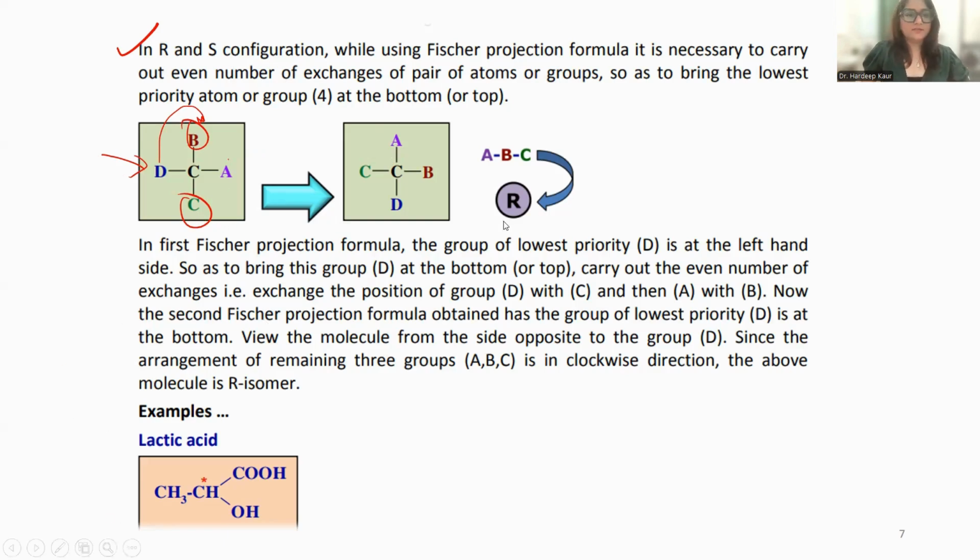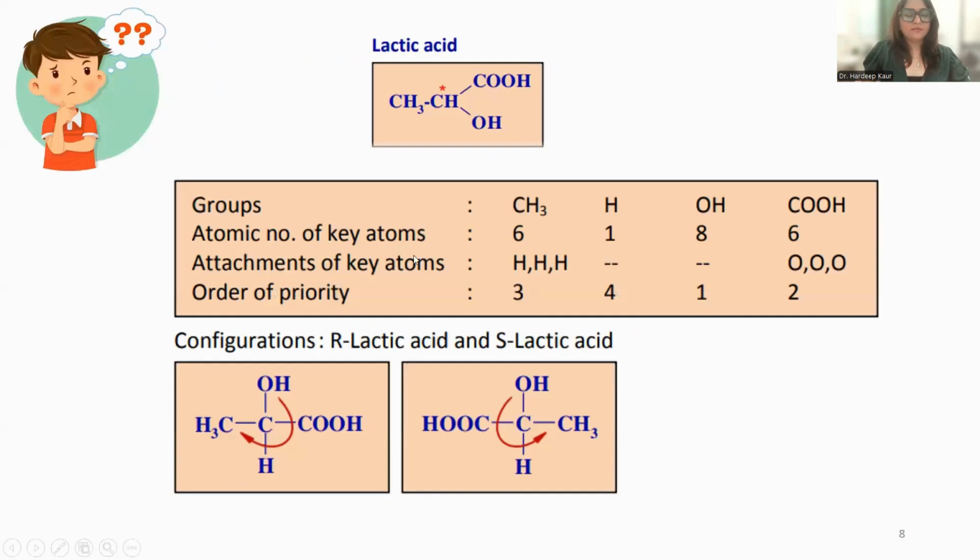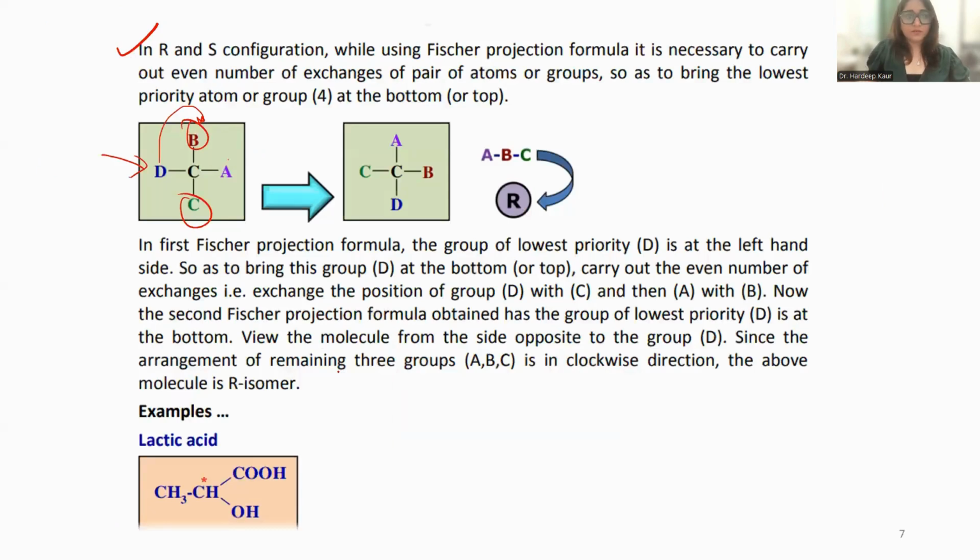I'll take one example in which suppose A, B, C, D. Here A has first priority, second priority, third priority, and this is the fourth. So 1, 2, 3, this is R configuration. But in this case, A, B, C like this, this is anti-clockwise.